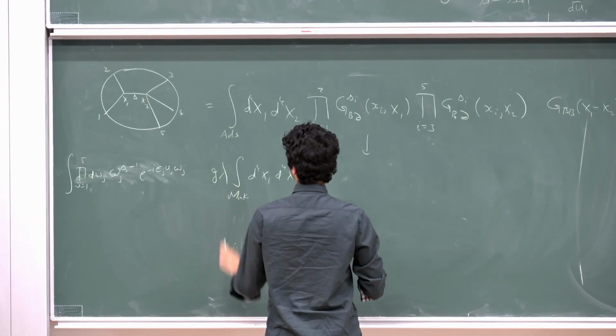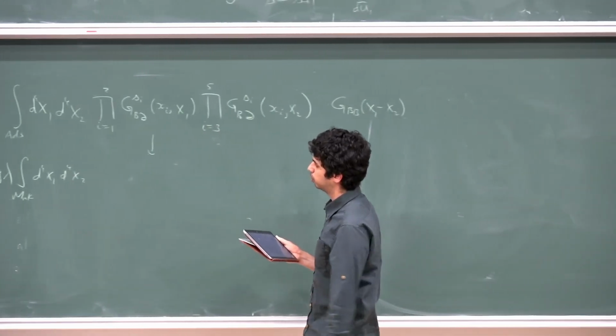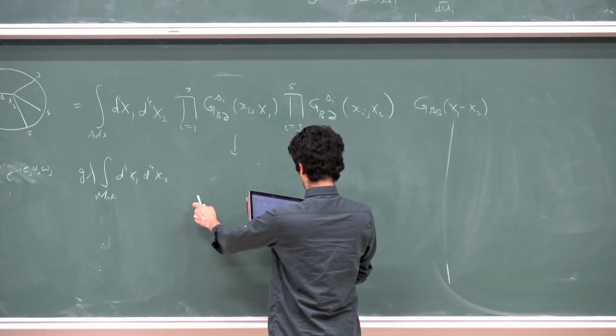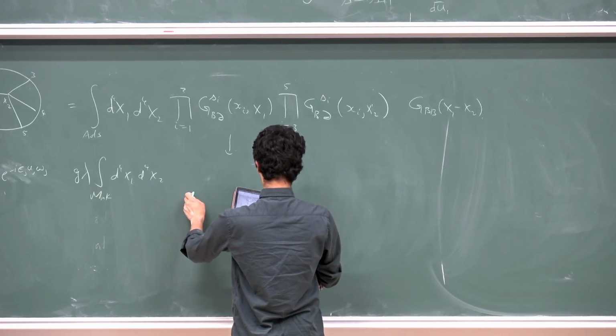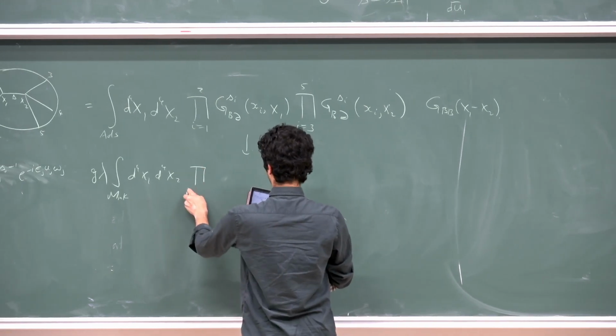And there are two factors of coupling from the 3-point and the 4-point vertex. And there are the main wave factors.